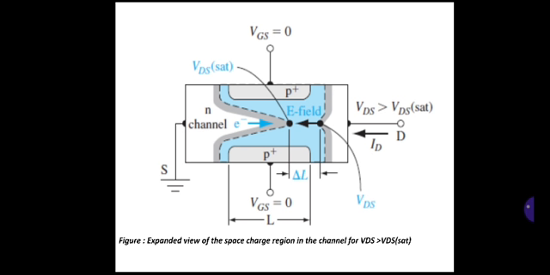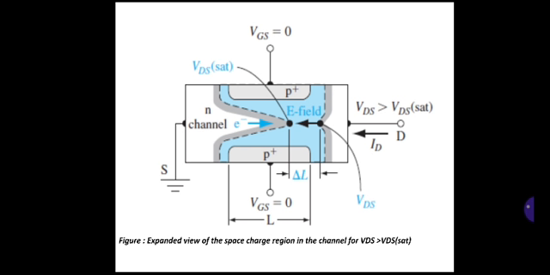The blue shade is nothing but the space charge region. It is marked with delta L, that is, a change in length.